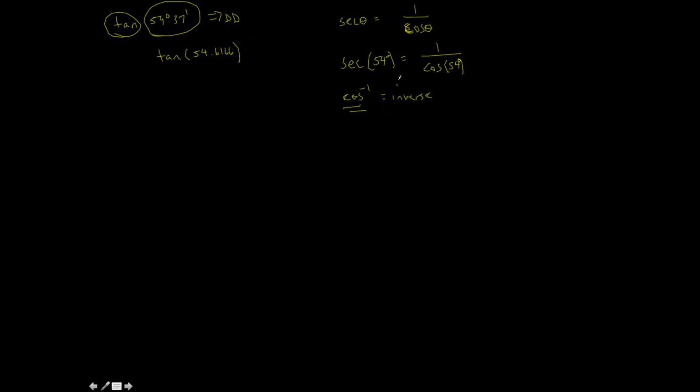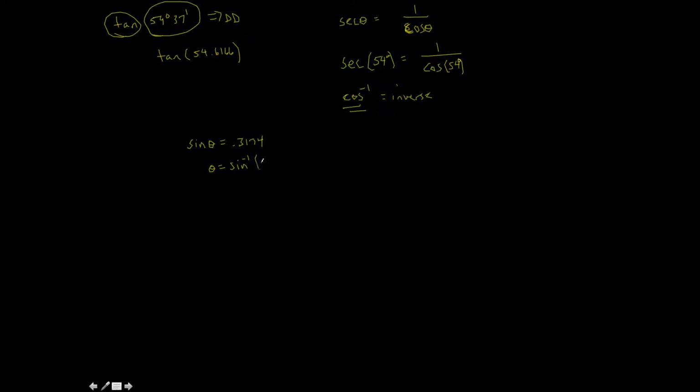And what the inverse gives you is, let's suppose I tell you that sine theta equals 0.3174. So in other words, I gave you the answer, and now I want you to tell me the angle. If I'm looking for the angle, then this is where we use the inverse.